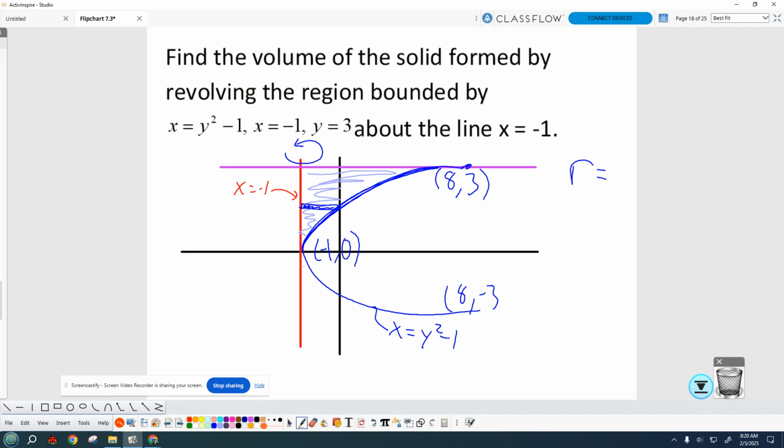Write that up there so they can see how it simplifies. So right minus the straight line on the left. So the radius is y squared, just y squared? You guys think? Yeah? Okay.